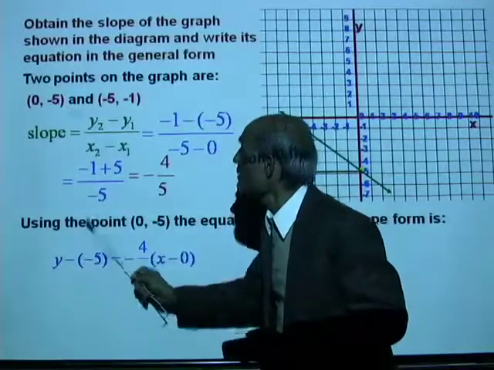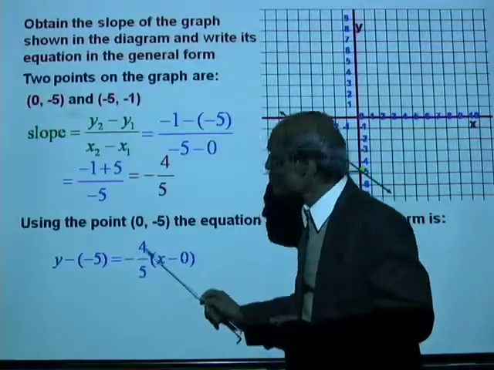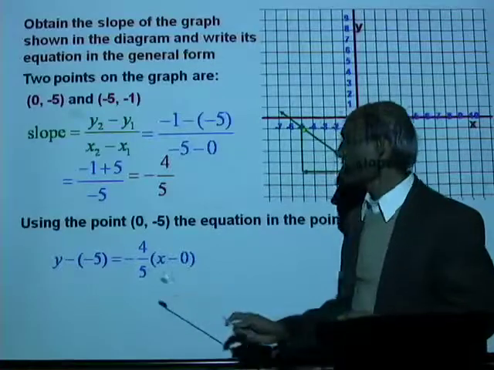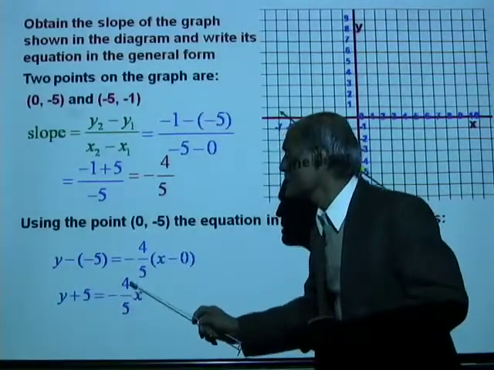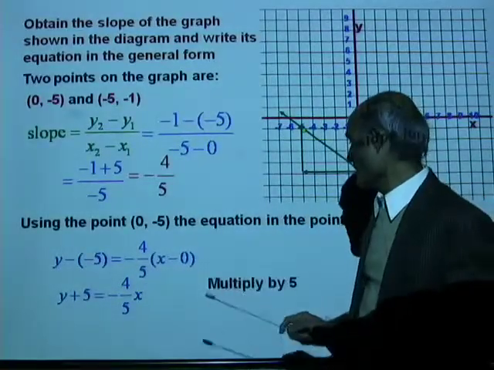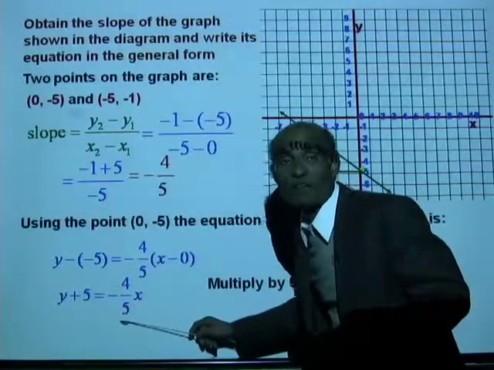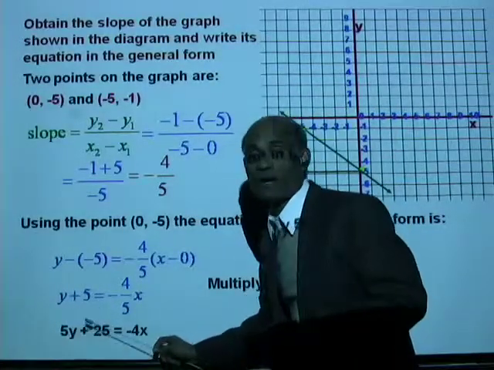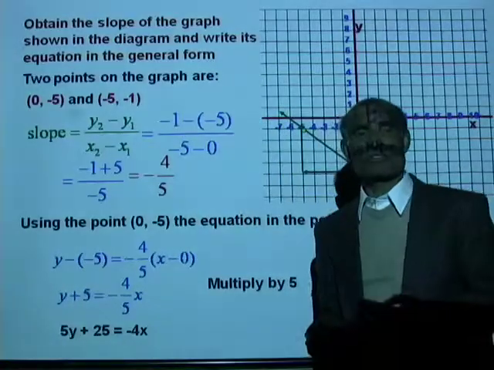So y minus -5 is m, the slope, times x minus x1. Simplify that, it becomes y plus 5 equal to -4/5 x. Alright, multiply every term by 5 to get rid of that 5 from the denominator. What does that give you? It'll be 5y plus 25 equal to -4x.